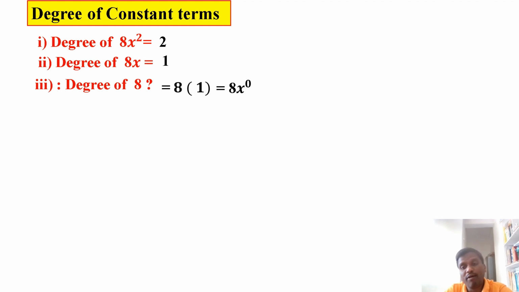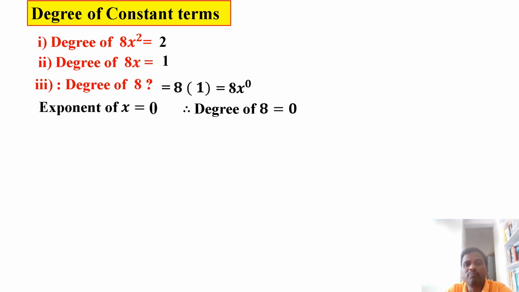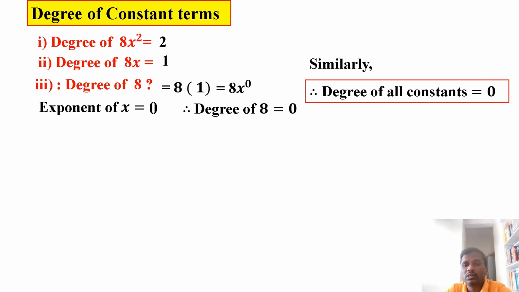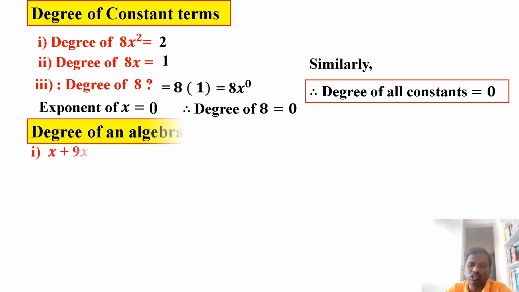Here 1 is expressed as x to the power of 0. We already know the formula that a number to the power of 0 is equal to 1. So the exponent of x is 0. Here the degree of 8 is 0. Similarly, the degree of all constants is 0.